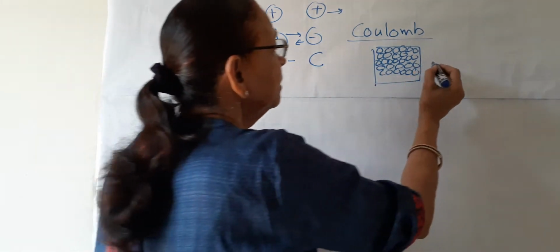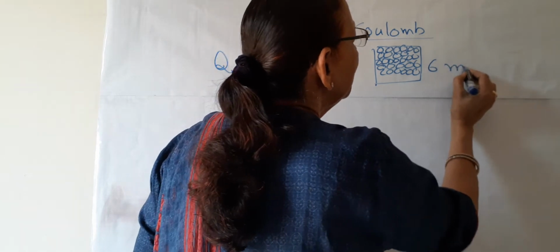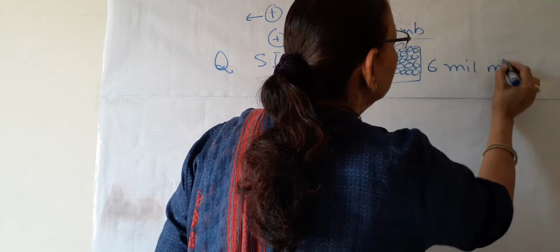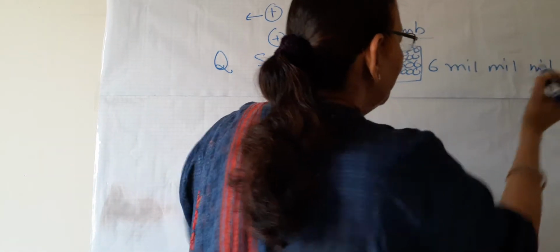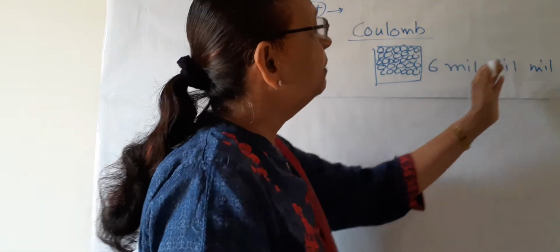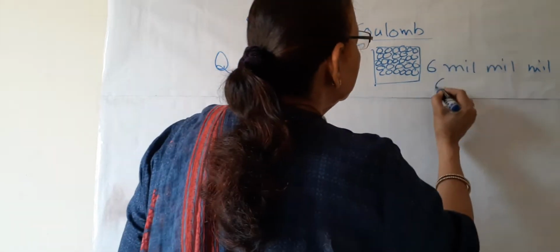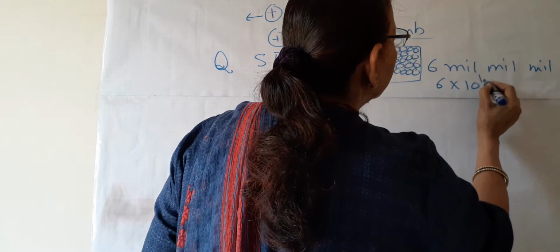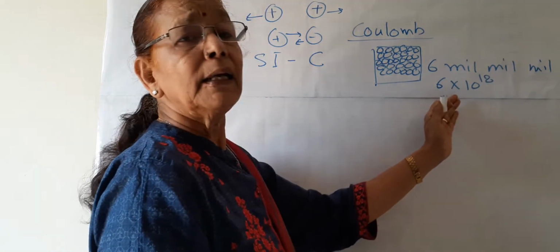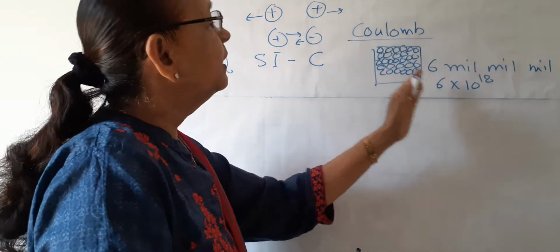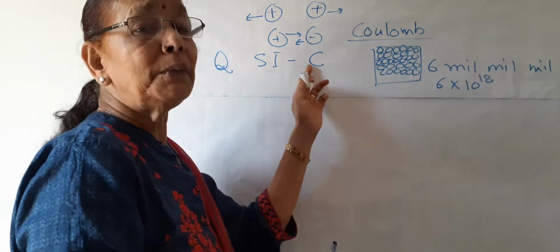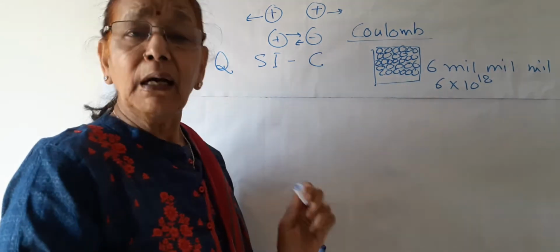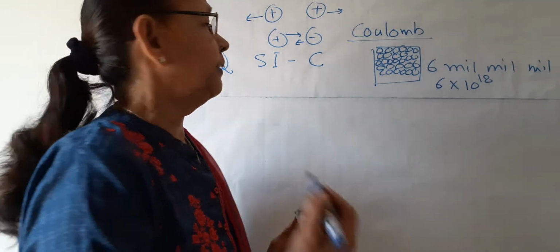Can you imagine? Approximately 6 million million. So this is 6 into 10 raised to power 18. So many electrons or protons form 1 coulomb charge. So it is a very big unit.